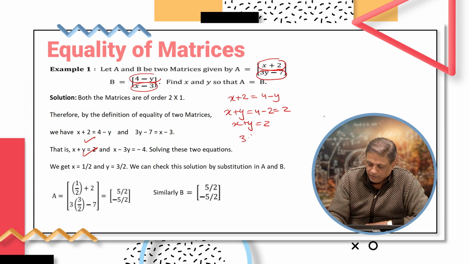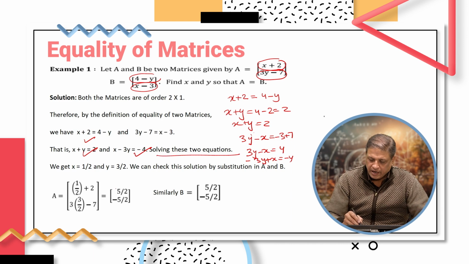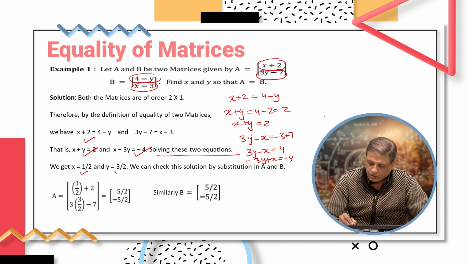So 3y minus x is equal to minus 3 plus 7, that is 3y minus x is equal to 4, or x minus 3y is equal to minus 4. Now, solving these two equations, we will get x is equal to 1 by 2 and y is equal to 3 by 2.